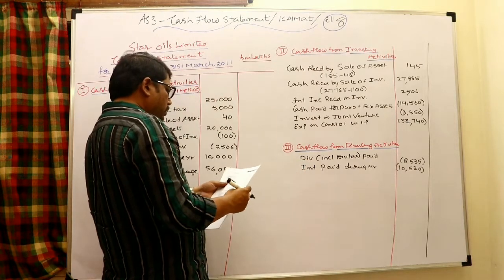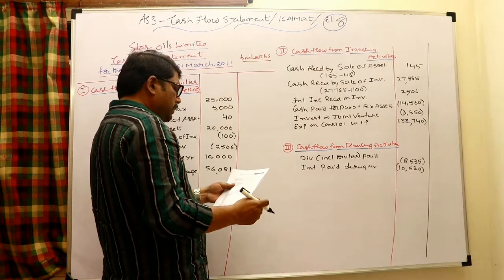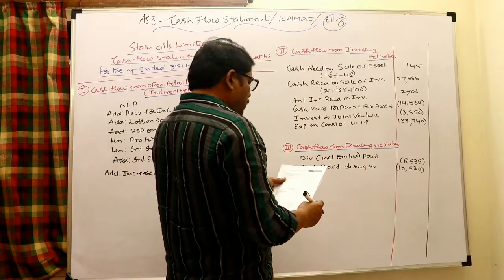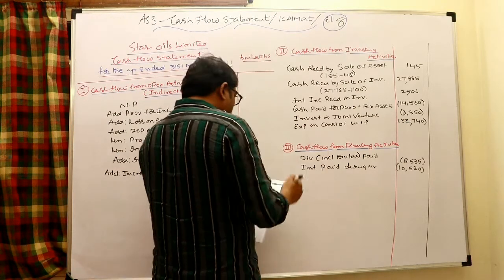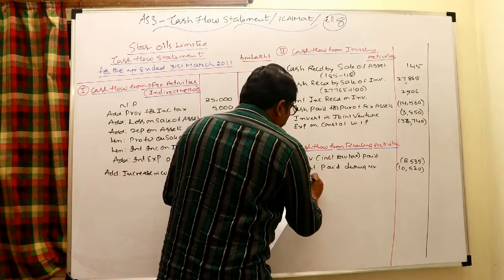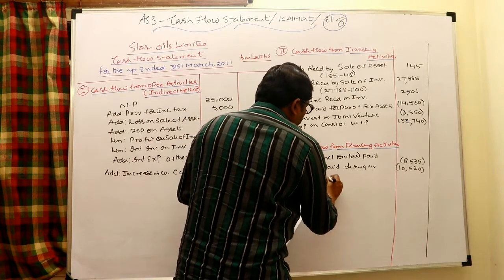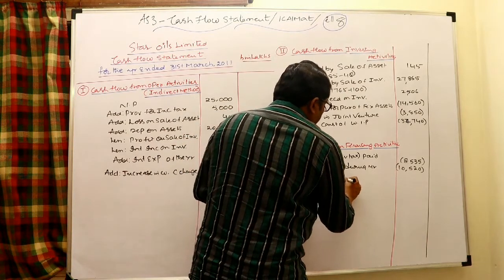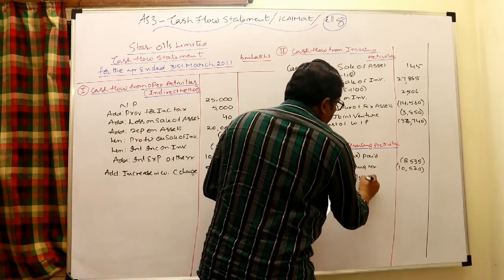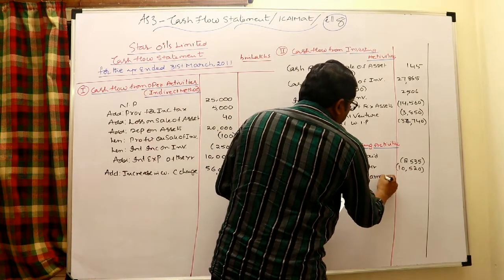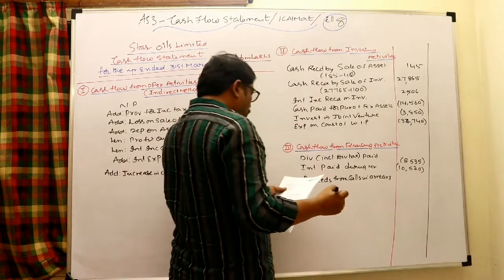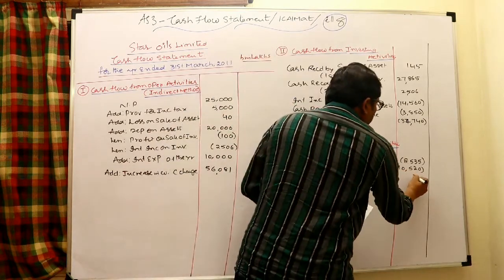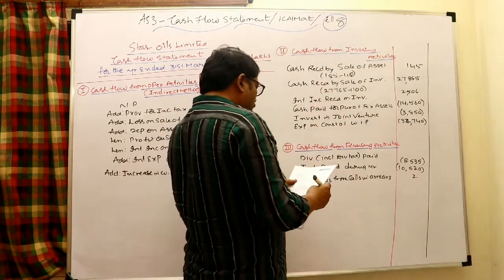Next, receipt of government capital grants is a capital receipt. Proceeds from calls in arrears is a financing activity.